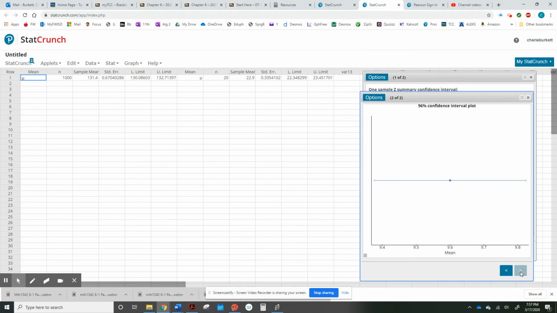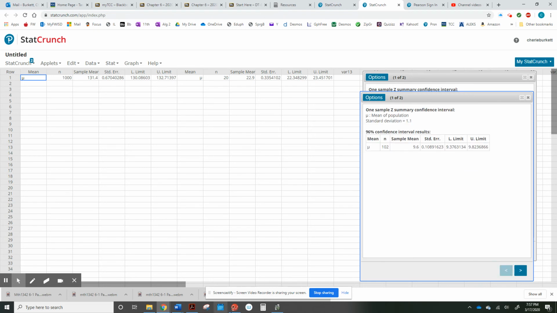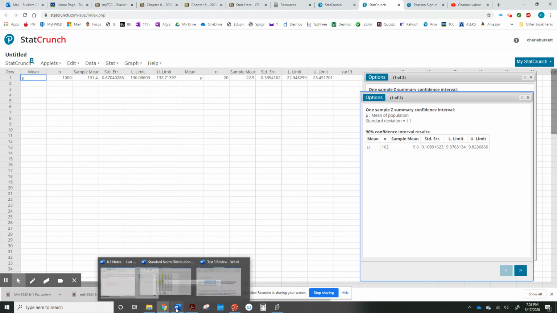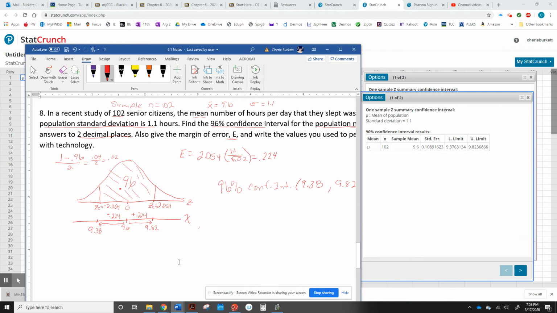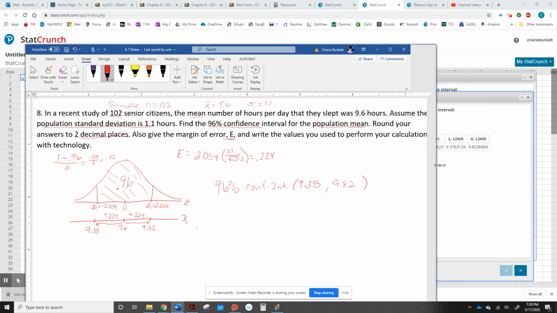And if you go over here, you can see 9.6 is the mean. There's the lower limit, upper limit. So it just shows you where the endpoints are. Okay, so there's that one. And I think that answered all of the questions.